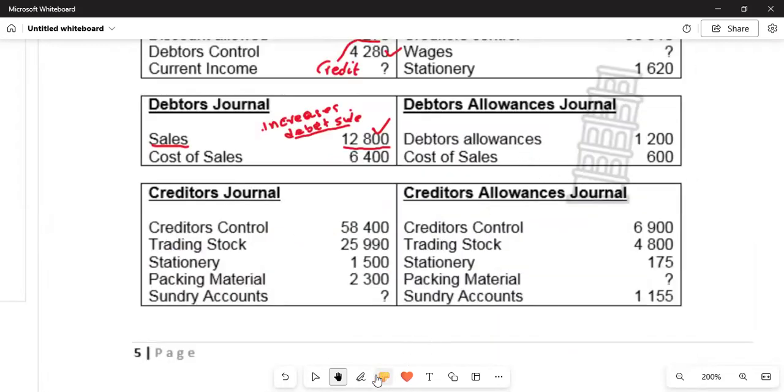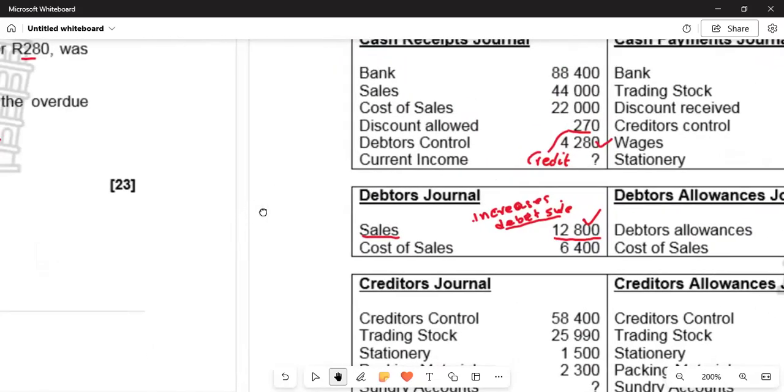Our debtors allowance is also going to go into the credit side of our debtors control, because it reduces what debtors owe the business. So it goes on the credit side. Debtors allowance journal. So that is that.